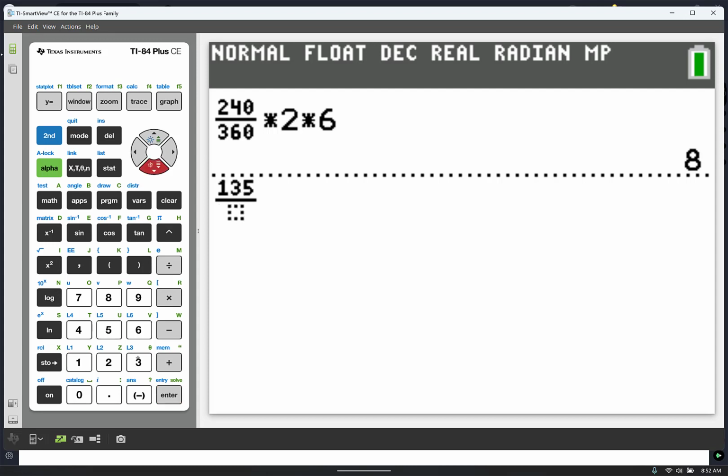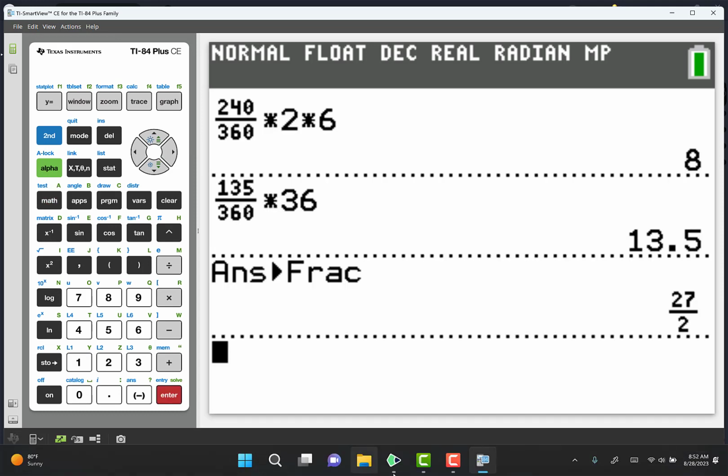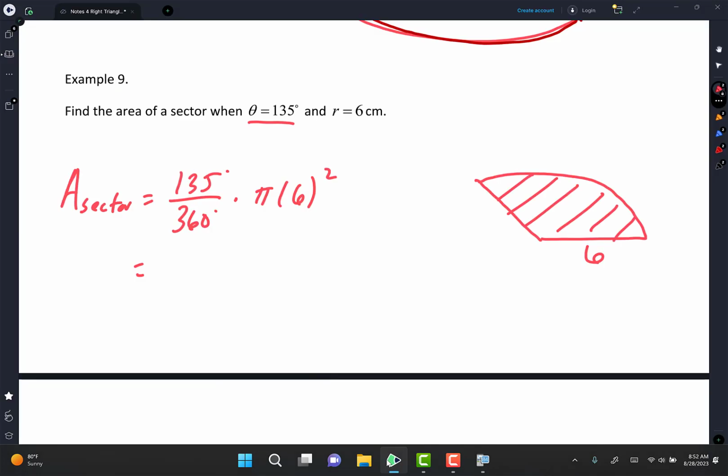Does everyone see where I got the 36 from? It says 13.5. I'm going to leave it as a fraction. So 27 pi over 2. And I need units.